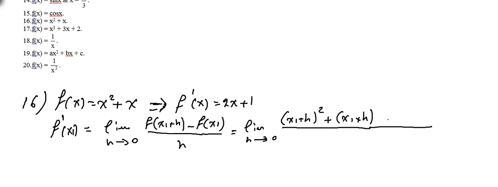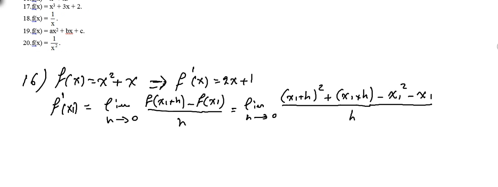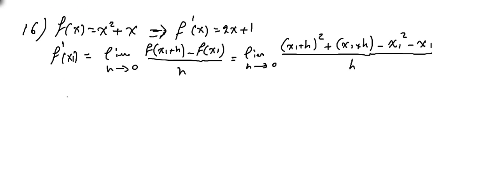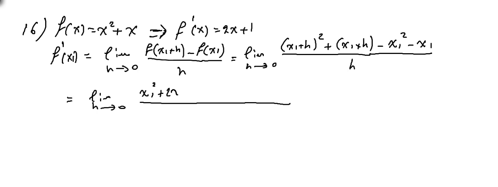Instead of x, we substitute this, minus f of x1, which is x1 squared plus x1, multiplied with minus all of x squared plus x, but instead of x, we substitute x1, right? Which is equal to the limit as h approaches 0 of x1 squared plus 2 times x1 times h plus h squared plus x1 plus h minus x1 squared minus x1.